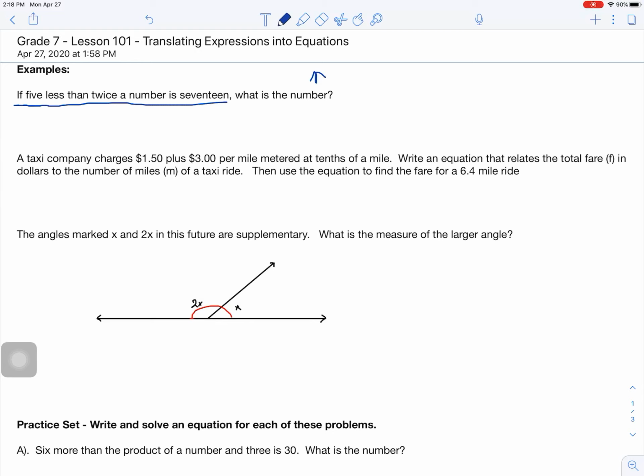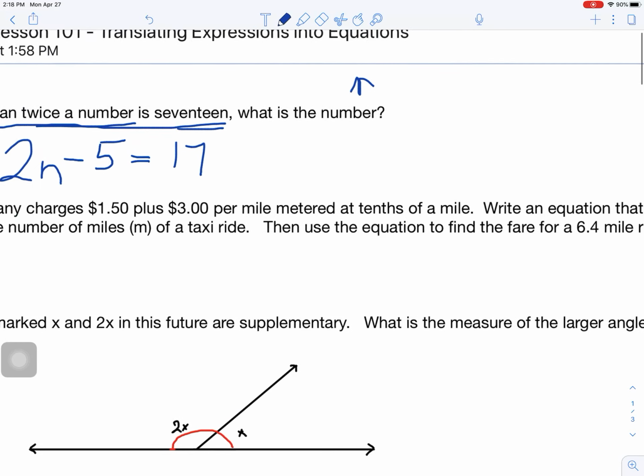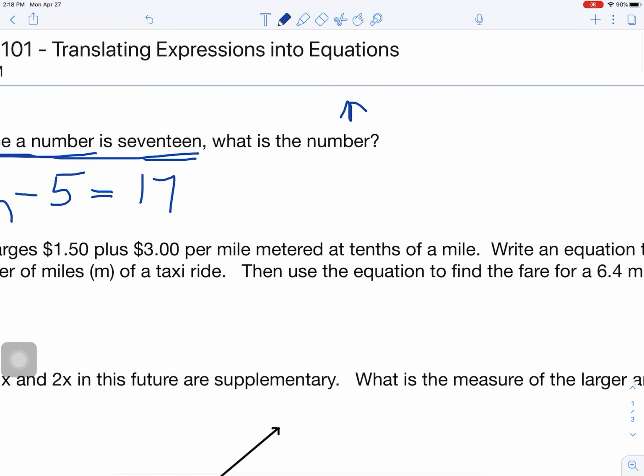So 5 less, well, we know that would be subtract 5, then twice a number is 17. We're asking, what is that number? Well, you've learned how to solve these quite easily.